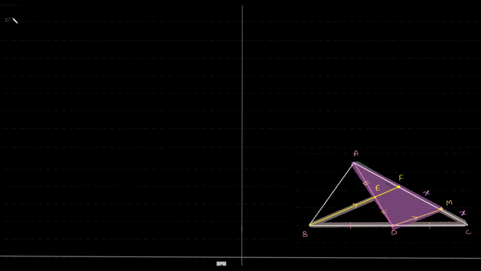Now we can talk about triangle ADM. We have BF being parallel to DM, and we have E as the midpoint of AD.